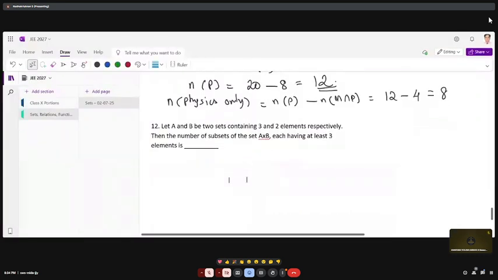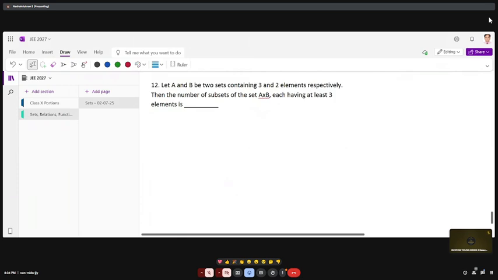Okay, so I have copied the problem here on the board. Given that n of A equal to 3, n of B equal to 2, there are two sets A and B. The number of subsets of the set A cross B. How many elements will be there in A cross B? 6, sir. 6, because for every combination we have to take, right?